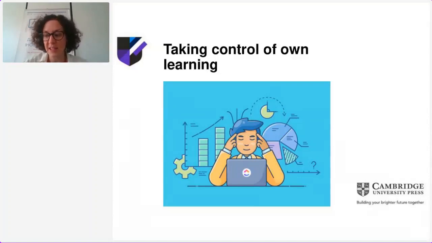Another one is taking control of our own learning. And when we talk about this competency, we need to mention that this is about self-regulatory skills for students, the ability to stay concentrated, to stay focused on the task for quite a long time, even if we have distractors.